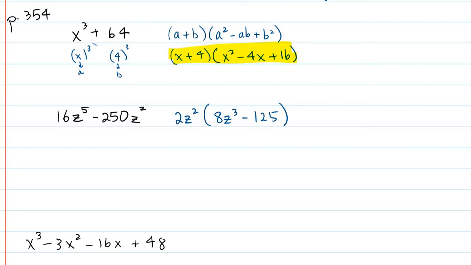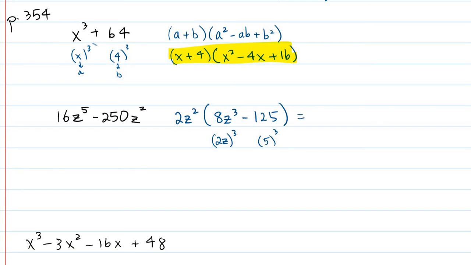Neither of these are perfect squares, but 8z cubed is a perfect cube, and 125 is a perfect cube. So the thing that would be cubed here would be 2z, and the thing that would be cubed here would be 5. So those are my A and my B when I follow my pattern.